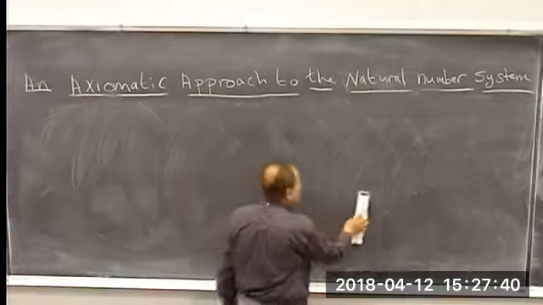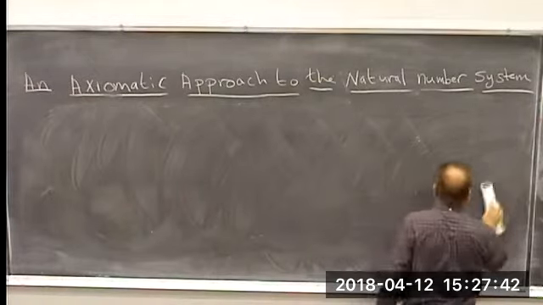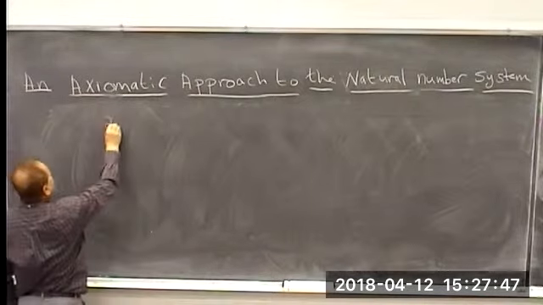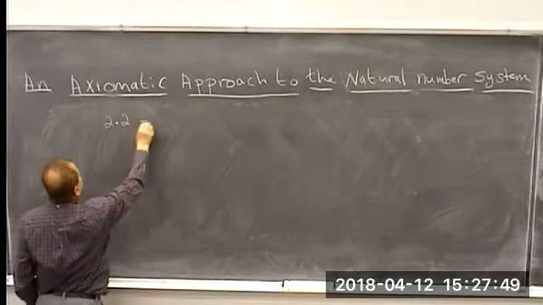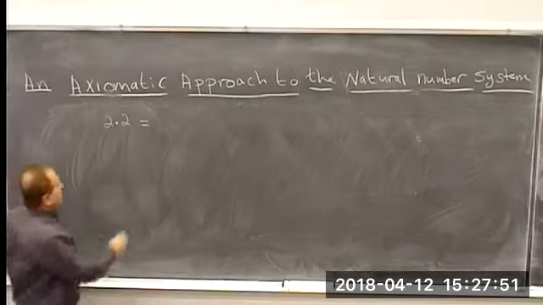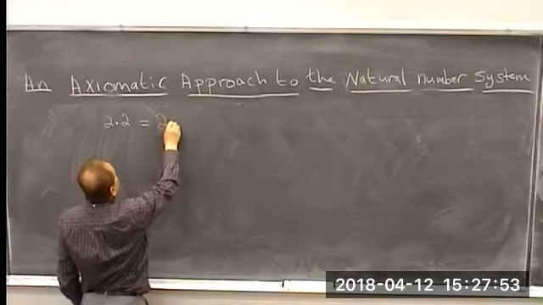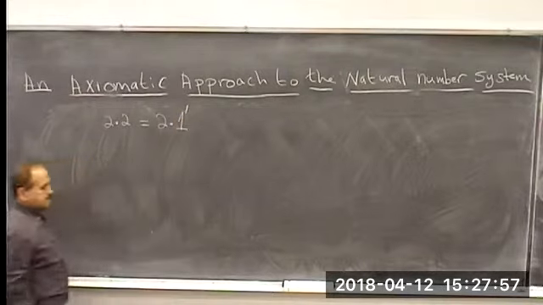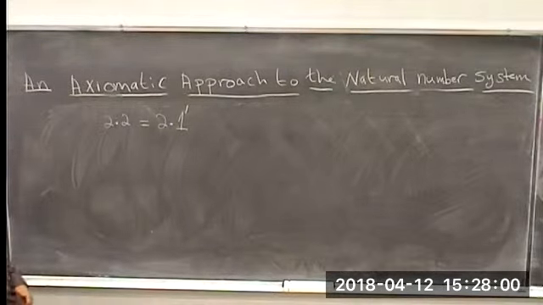So we know that 2 times 1 is 2 from the first part. Okay, so let's do 2 multiplied by 2. So this 2 is the successor of 1.